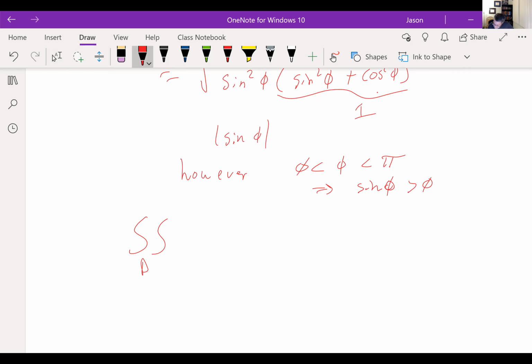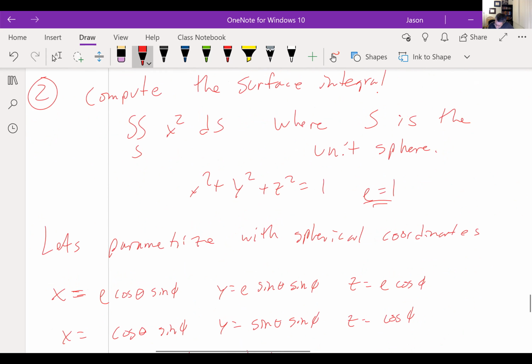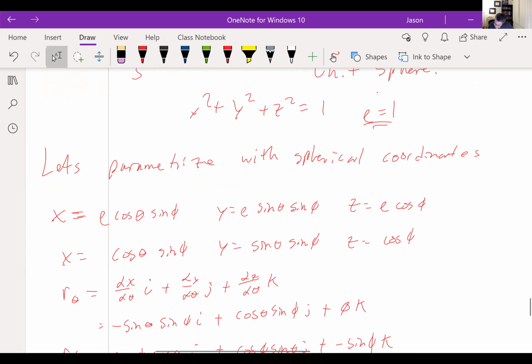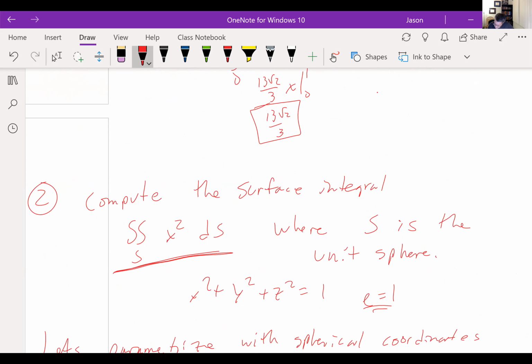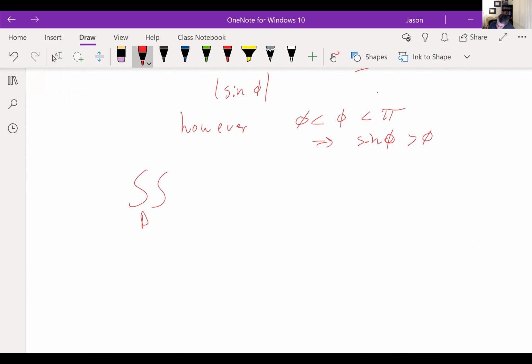We want to parametrize this thing and turn it into a double integral that involves f of r of u v, but in this case it's theta and phi, r of theta and phi, and then the magnitude of r theta cross r phi dA.